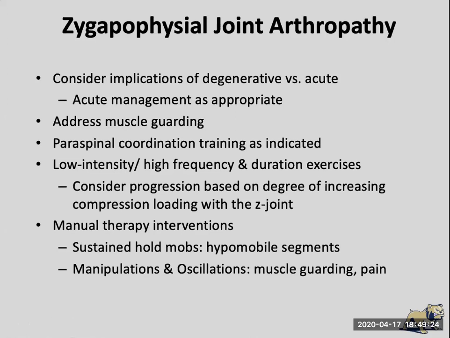Also, manipulations to address that pain and muscle guarding. So, can really be used with either population, might be a little bit more beneficial with our acute, more specifically our subacute type population.